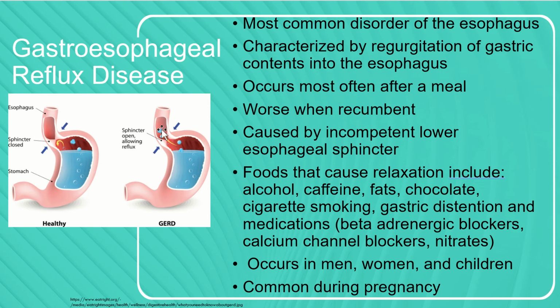In the presence of GERD, the sphincter opens, allowing a reflux, so the gastric acid gets a chance to enter your esophagus, causing GERD. Foods that cause relaxation of the sphincter are listed here, and there are a number of them. GERD occurs in men, women, children, and it's very common during pregnancy.